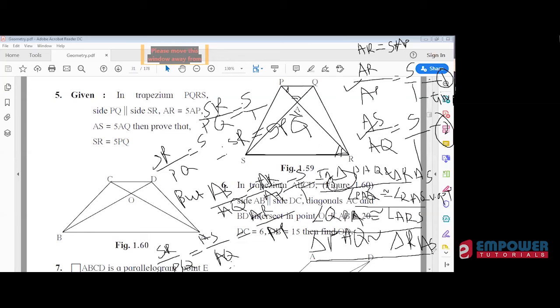Therefore, these two triangles are similar by the AA test. Then write down that because these two triangles are similar, the sides are in ratio, but from 1 and 2, this is given. So I can say that SR upon PQ is also equal to 5:1. So SR is equal to 5 PQ.